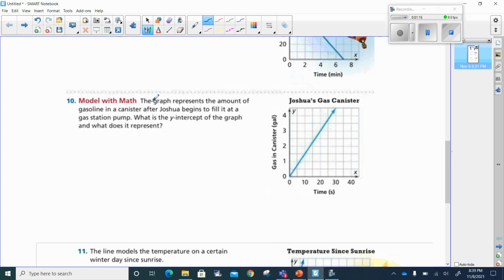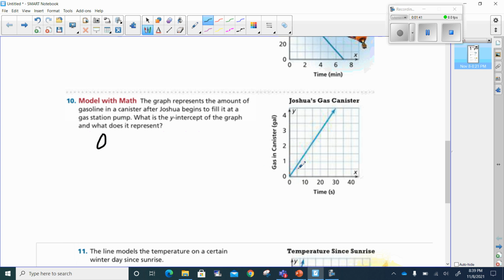It says here, the graph represents the amount of gasoline in a canister after Joshua fills it at the gas station pump. What is the y-intercept of the graph, and what does it represent? As we can see here, the y-intercept is going through 0. So what does it represent?